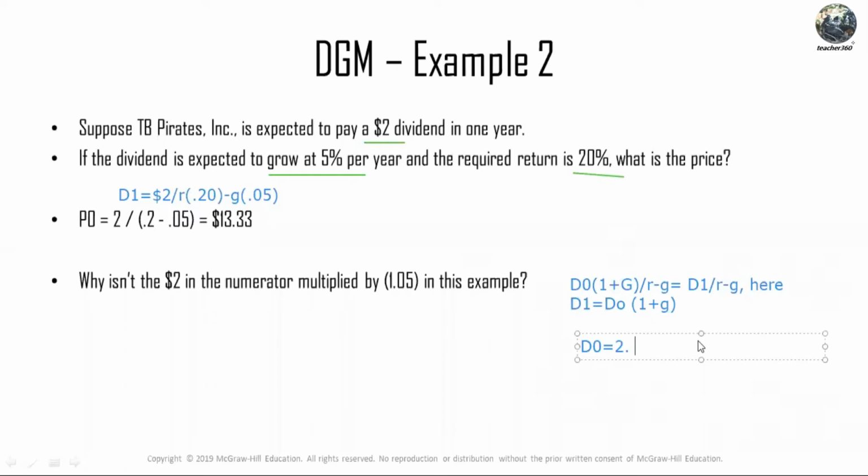It will be 2 into 1.05, equal to 2.10. Similarly, here this $2 is already adjusted with the growth percentage, so there is no need to calculate D0 (1 plus G) divided by R minus G. The student may get confused over this complexity.